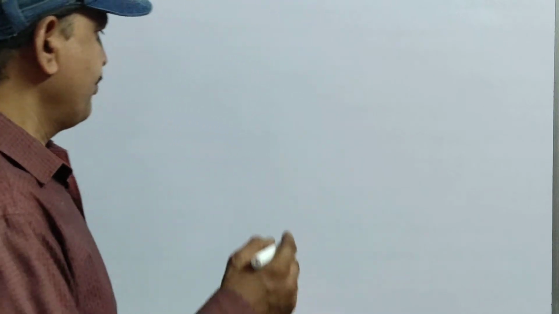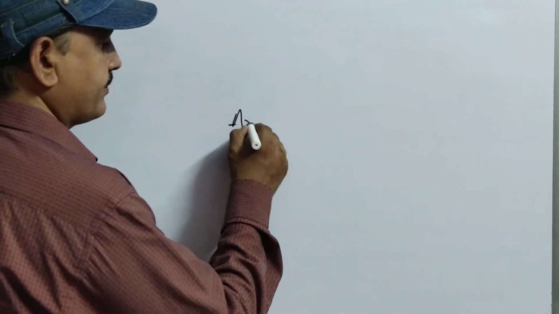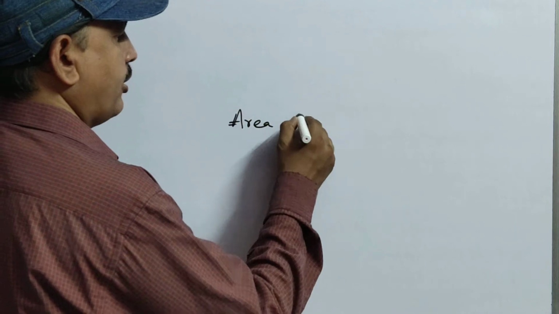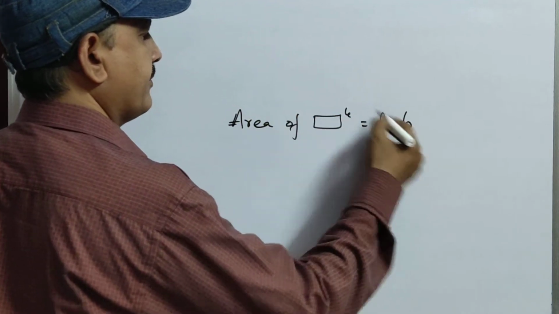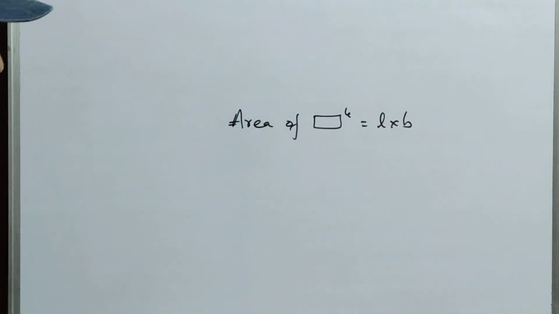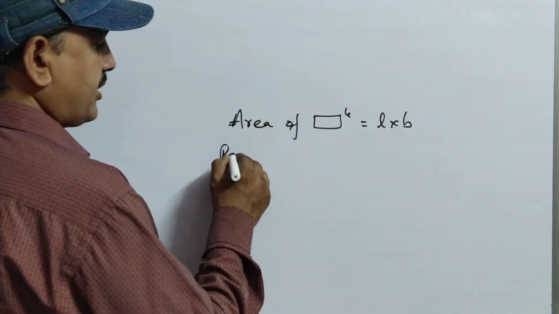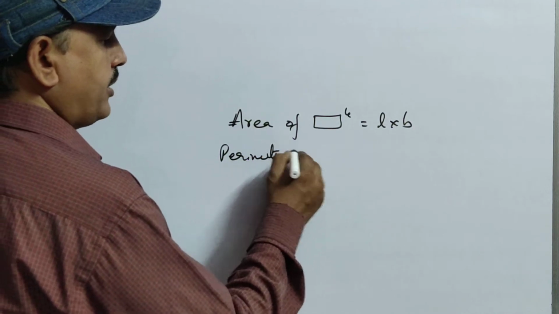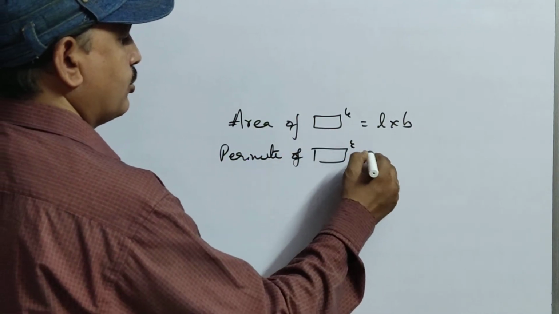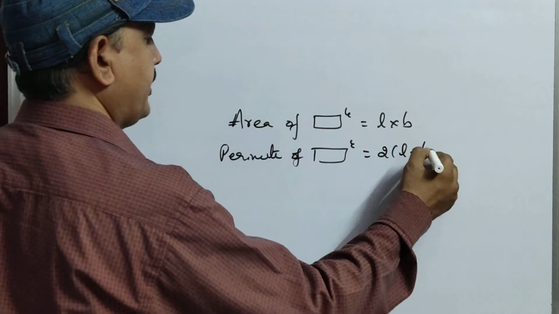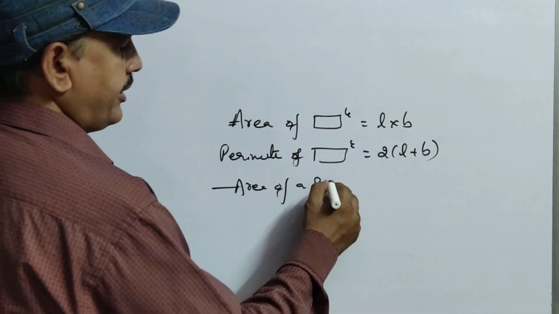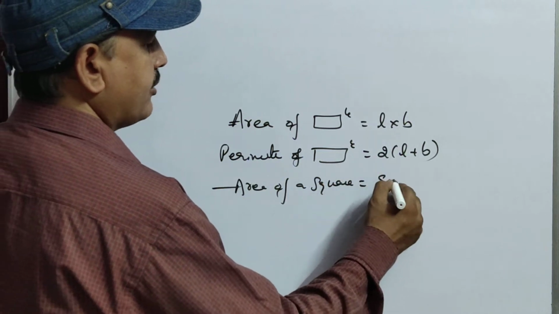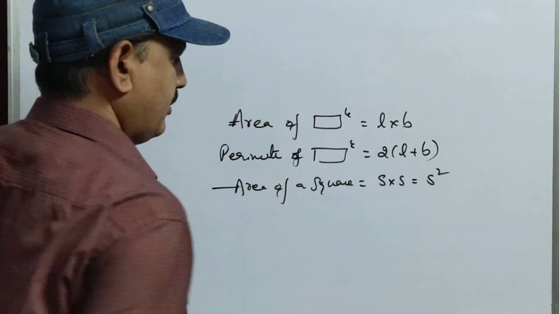Already you know from 6th standard, area of a rectangle equals L into B, that means length into breadth. Perimeter of a rectangle is 2 into (L plus B). Area of a square equals side into side, or S square.